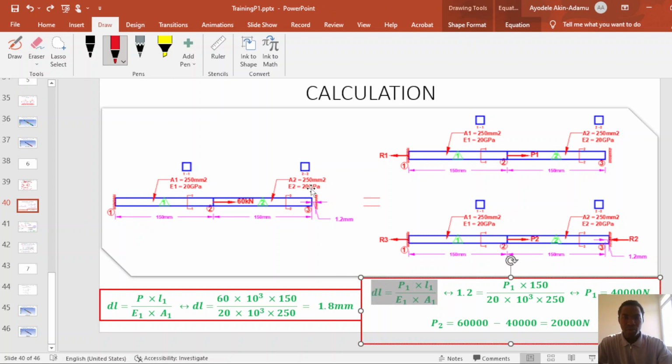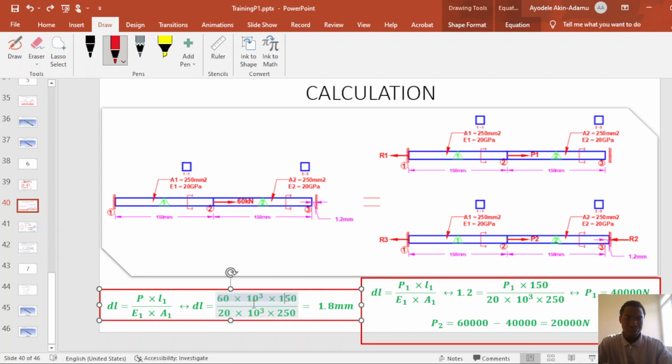So assuming we don't have support at node 3 and we apply a 60 kilonewton load at node 2, the structural body will be stretched by an amount which we can calculate using this formula. Because the load is only acting on finite element 1, our L1 will be 150 mm. So that's why I have 150 mm here.